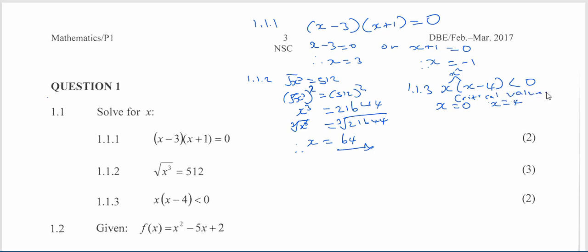So we're going to draw our plane here. We have 0, we also have 4. We have negative 2 here, and 1, 2, 3. This side we have 5, 4, and 6. If you check, when we substitute negative 2 or negative 1, our answer is going to be positive. When we substitute these values here, we find they are also positive, but here it's less than.